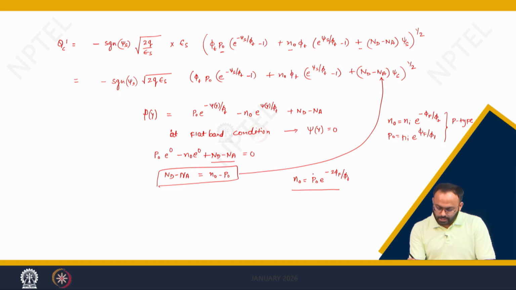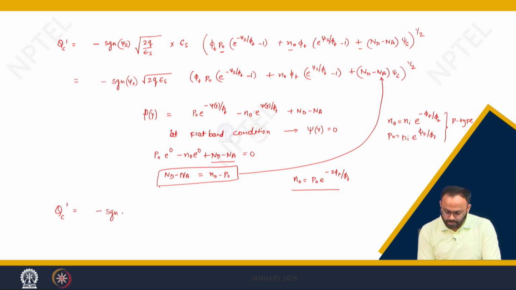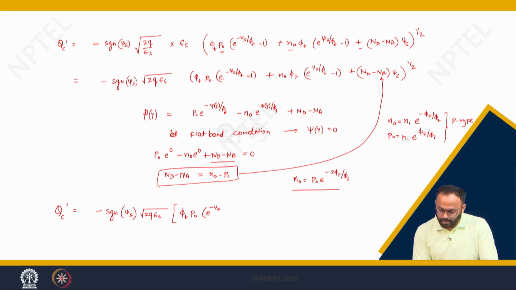By feeding all these in the above equation, a closed form equation of Q_c' will become minus signum psi_s square root of 2 into q into epsilon_s into phi_t, p_0 e to the power of minus psi_s by phi_t minus 1 plus n_0, here n_0 can be replaced by p_0, right.